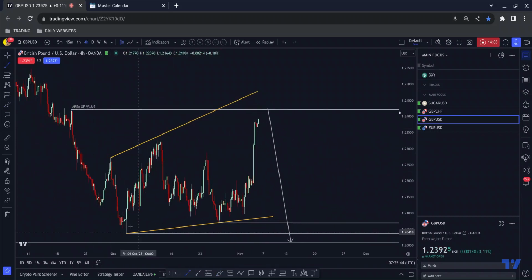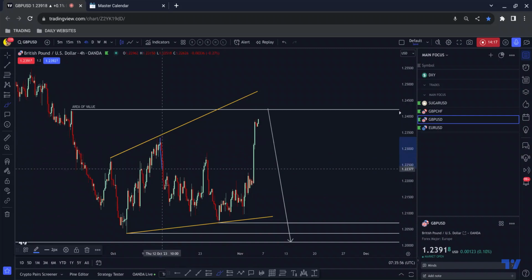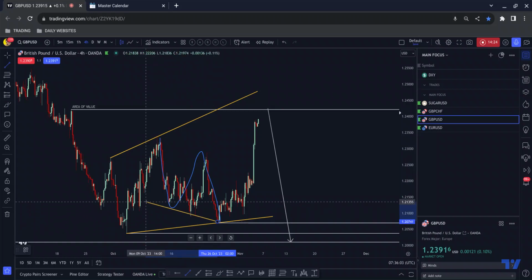If we assume that this is an impulse, correction, continuation to push higher, and we measure the impulse to there, that takes us up to where price is now. But the key detail for me is this middle section. We have this 1 2 3 middle section.